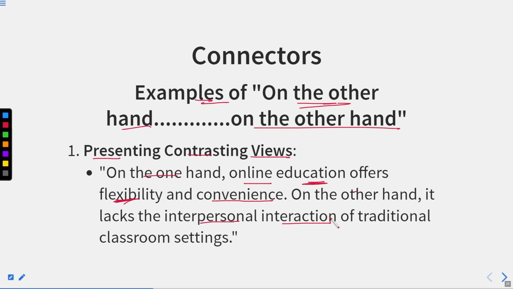But in online education, maybe whatever you are asking, the teacher is not able to see it, or the teacher has skipped the question among the various chats, so he may not be able to communicate with you in that style. So these two are different viewpoints of online and offline education.